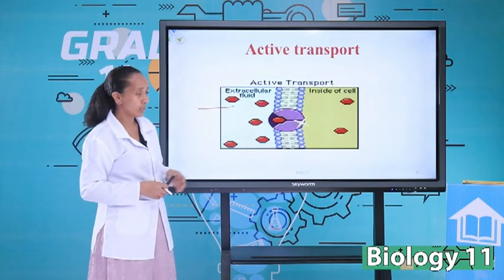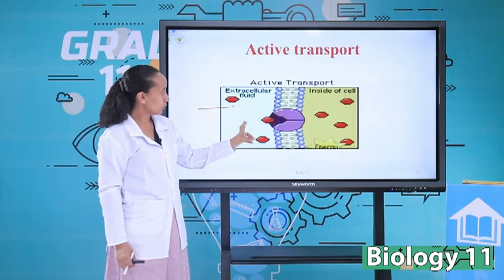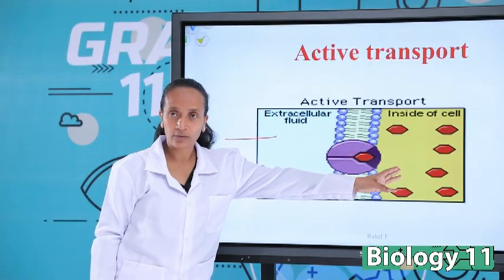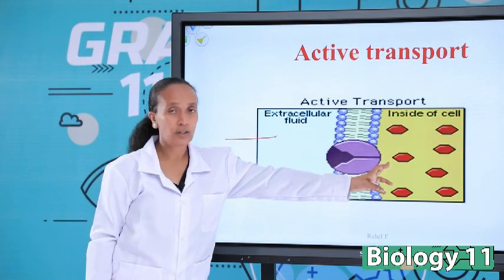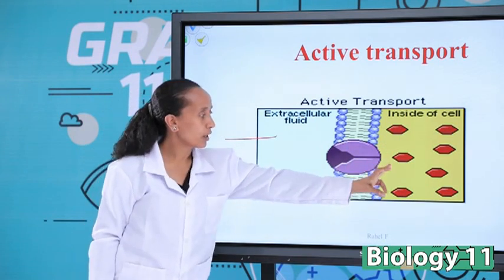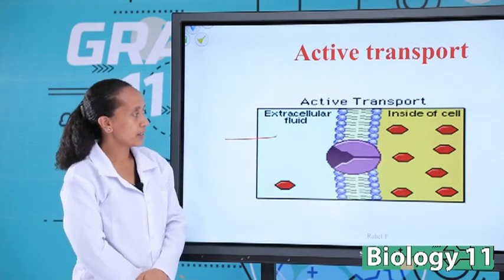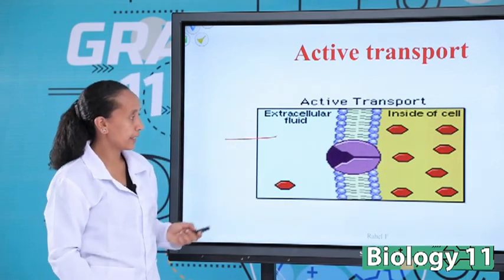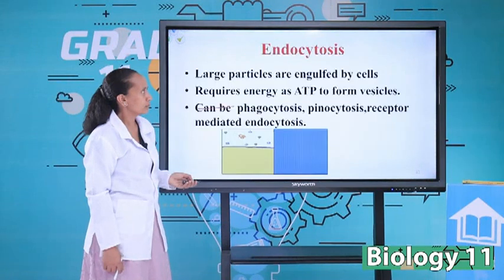As you see here on the diagram, particles move from extracellular fluid to intracellular fluid by using energy. This energy is used by the cell to transport the particles into the cytoplasm.